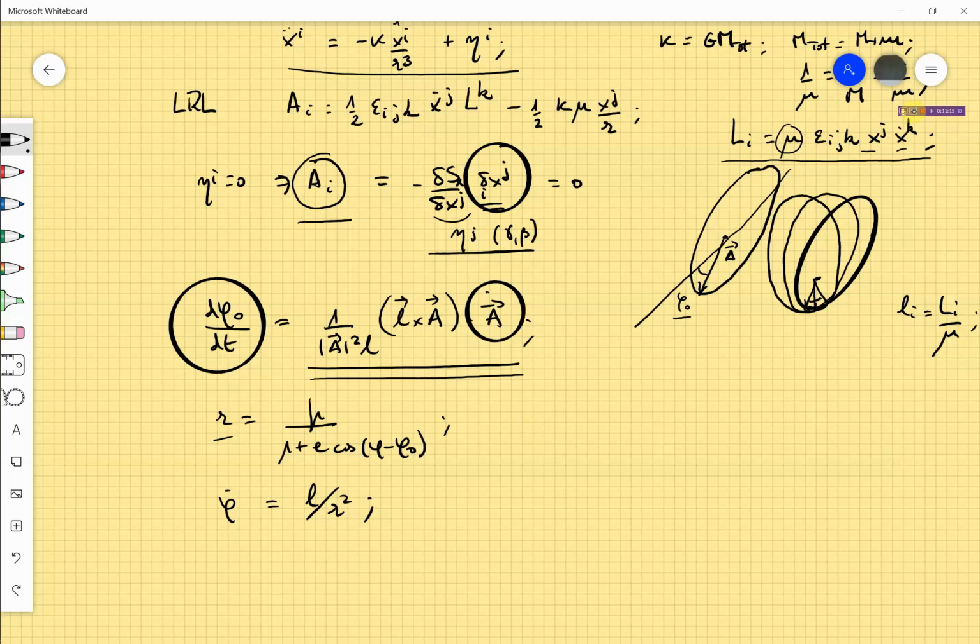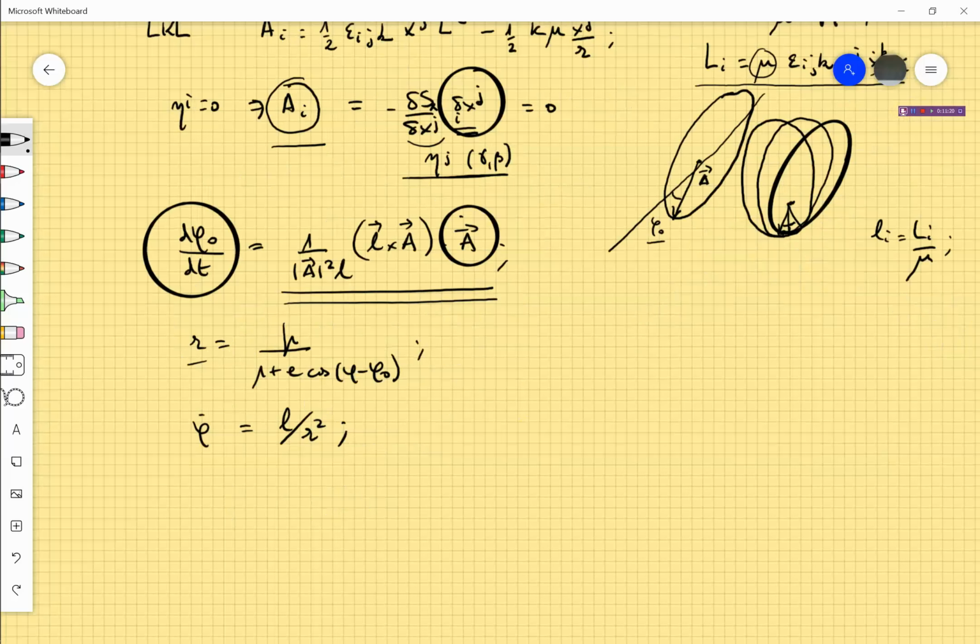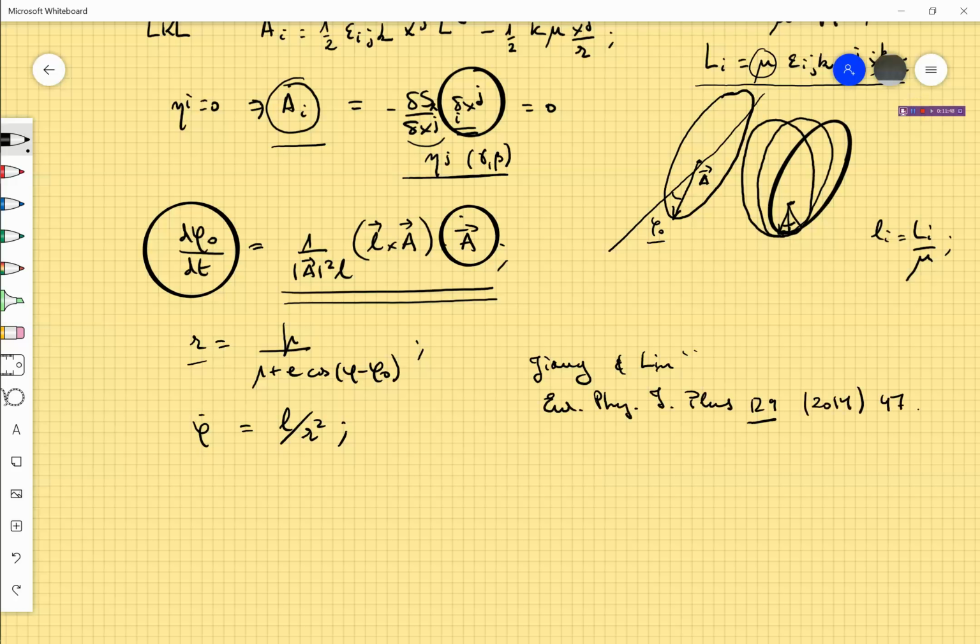This is the paper by Young and Lin. It is called Illustrating the Covariances of General Relativity by Perihelion Precession, in European Physics Journal Plus 129, this is the volume, 2014, 47.